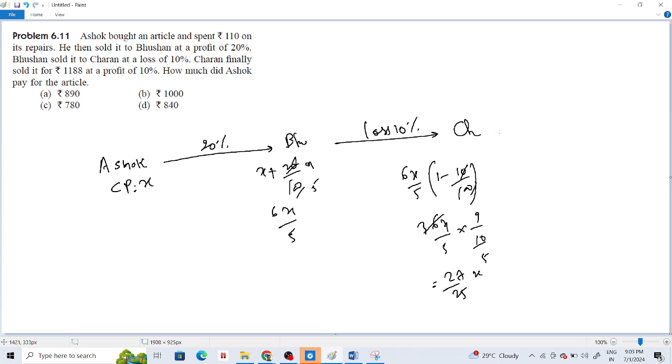And Charan finally sold it for rupees 1188 at a profit of 10%. So 27x by 25 into 1 plus 1 by 10 equals 1188.